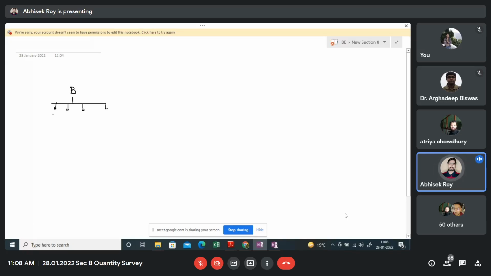One teacher will be responsible for checking the copies of each subgroup. However, during the class, you can ask any of us any question pertinent to the subject. Okay, so in this class, I, along with Professor Arghadeep Biswas, Atri sir, and Saptarshi sir, all of us will be involved in teaching this subject.